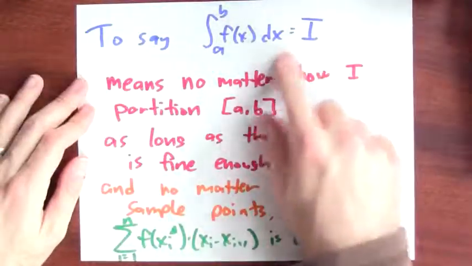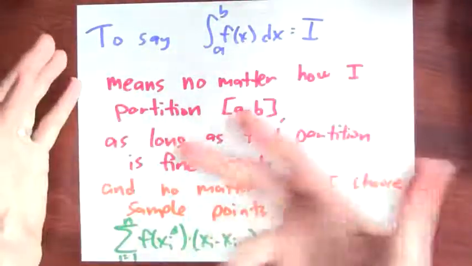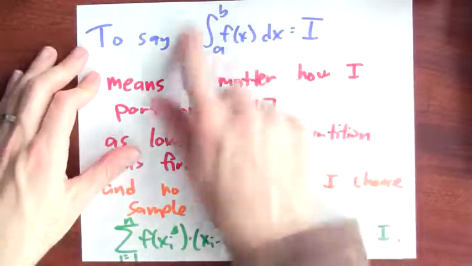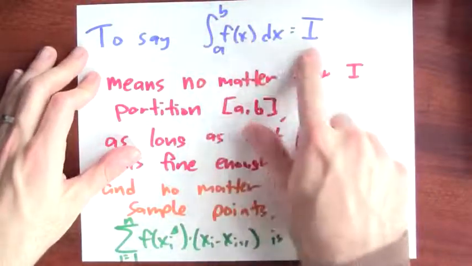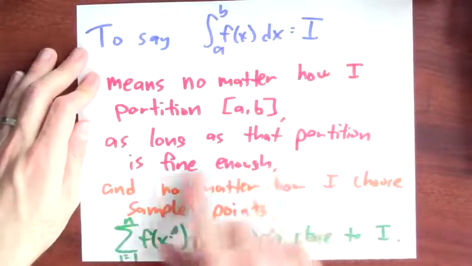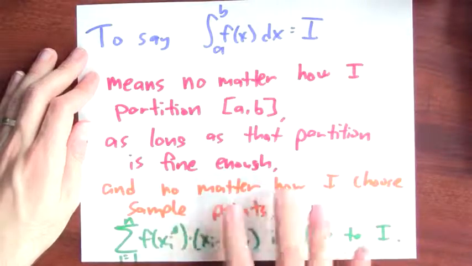Well, it's as close as I want it to be, right? To say that this is equal to something is really to say something about a limit. So if I'm asserting that this is equal to I, it means that I can get the Riemann sum as close as I want to I by simply demanding that my partition is fine enough, regardless of how I exactly choose those sample points.